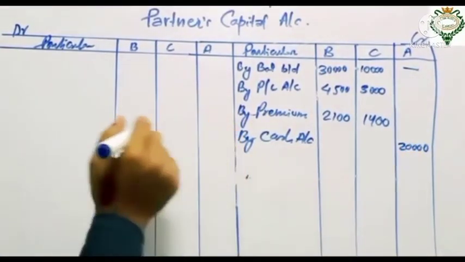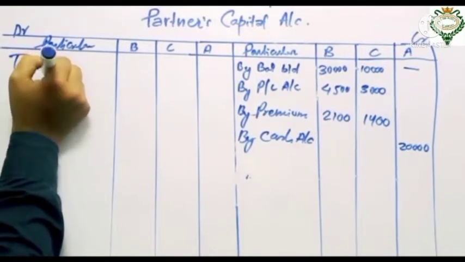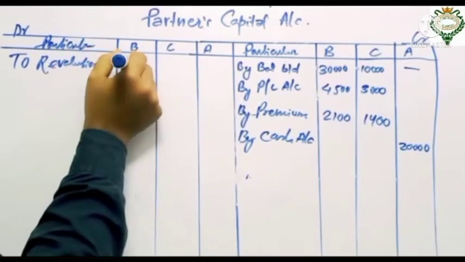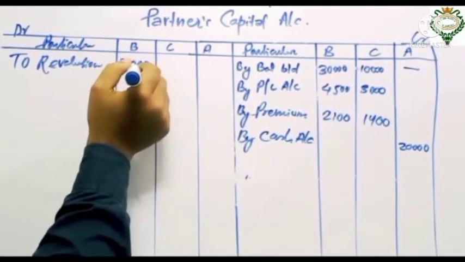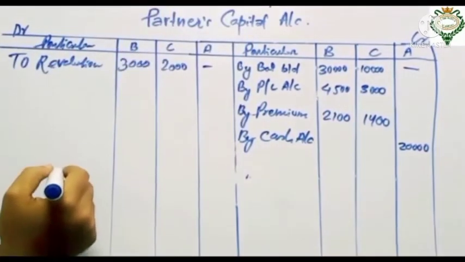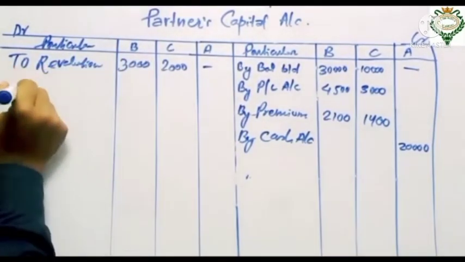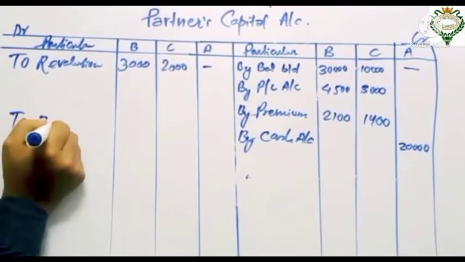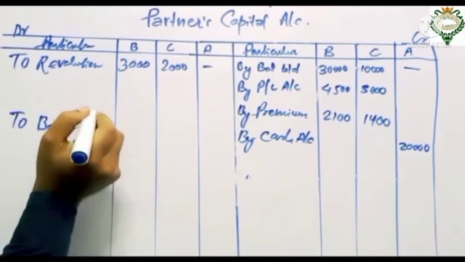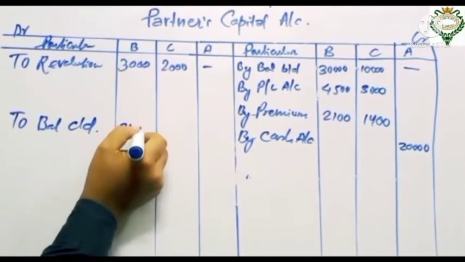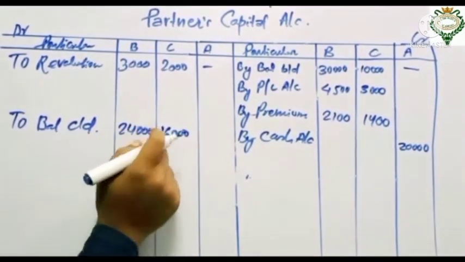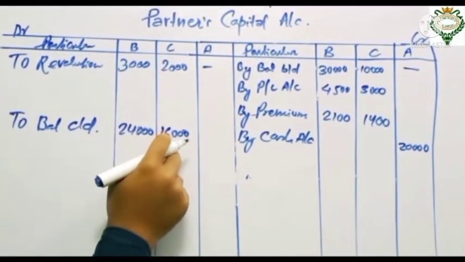Okay, come to this side to the revaluation account. After revaluating, B will get 3,000 and here 2,000. Afterwards to balance c/d, look at the calculation that we have done, that is 24,000 and 16,000.